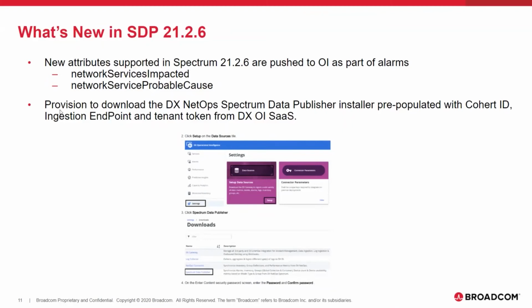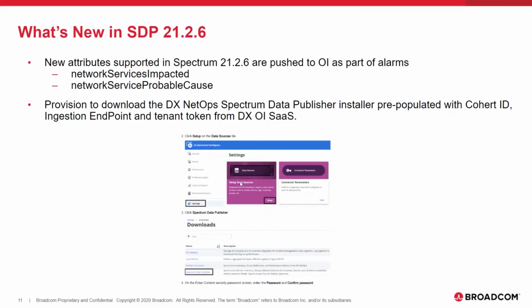Then there is a provision to download the DXNetOps Spectrum Data Publisher installer from the DXOI SaaS. It comes with the pre-populated cohort ID, ingestion endpoint, and tenant token, with the cohort ID and tenant token in encrypted form.